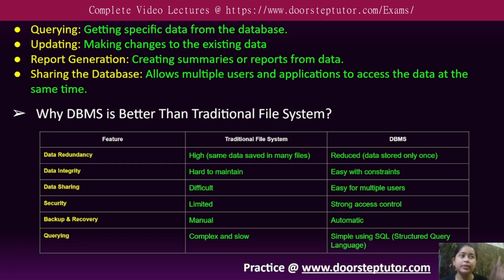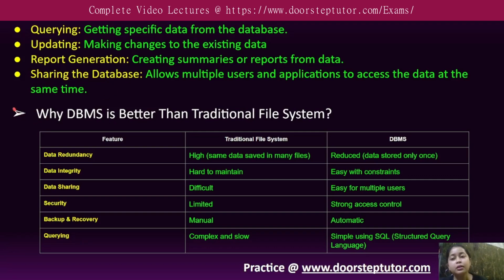So here the bank is same, so the database will be the same, and that database is being used by multiple users at the same time. So data sharing is occurring. That means multiple users can access data at the same time.